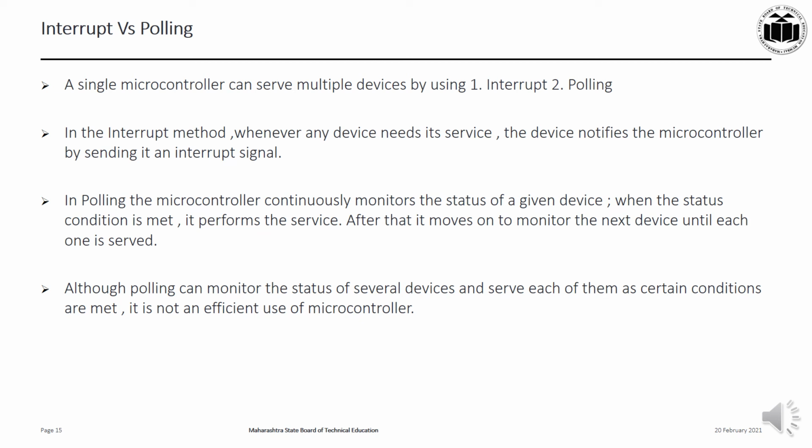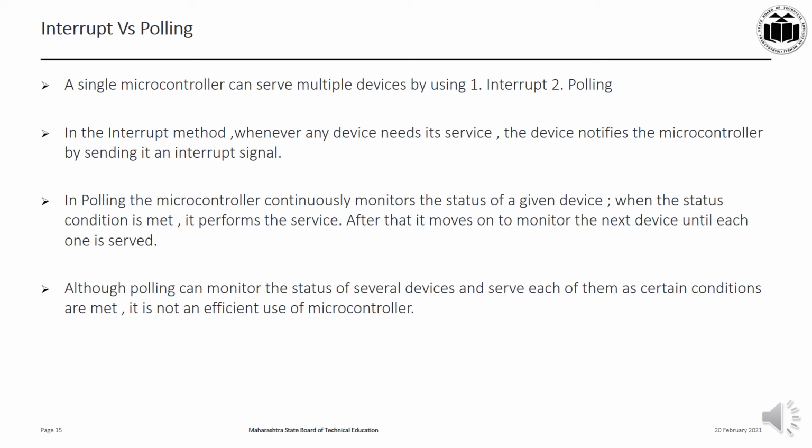Although polling can monitor the status of several devices and serve each of them as certain conditions are met, it is not an efficient use of the microcontroller. The advantage of interrupts is that the microcontroller can serve many devices. Each device can get the attention of the microcontroller based on the priority assigned to it. The polling method cannot assign priority since it checks all devices in round robin fashion.